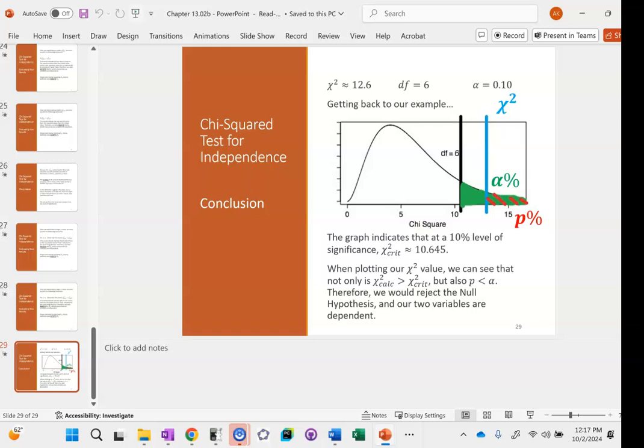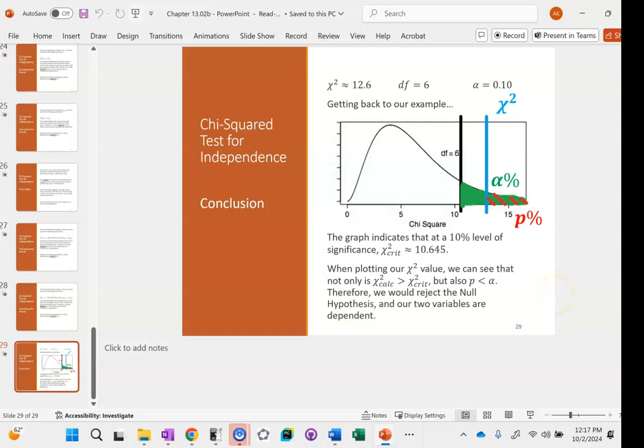Each of these calculations, like 3 minus 6 squared divided by 6, is the 1.5, and I record those in a table. Is that okay with everybody? Notice that this one comes out to be 0. Why? Well, the observed count was 9 and the expected count was 9.